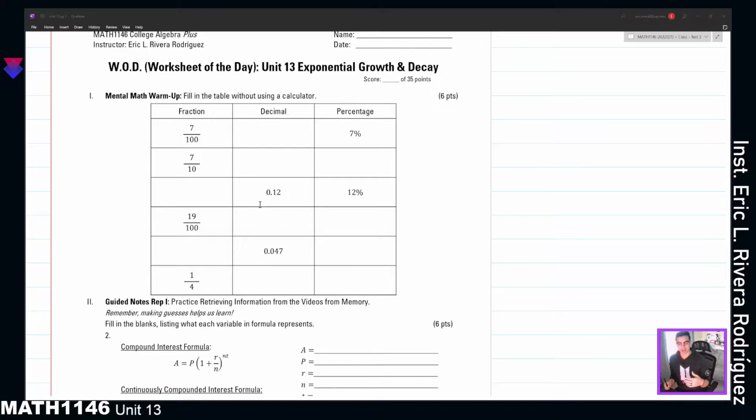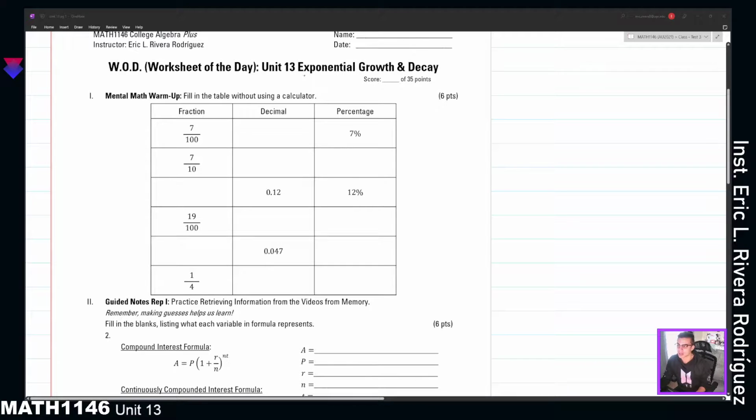We didn't apply them to real life problems. The goal of Unit 13 is now to see two examples where these two functions are used commonly. All right. We are talking about exponential growth and decay.